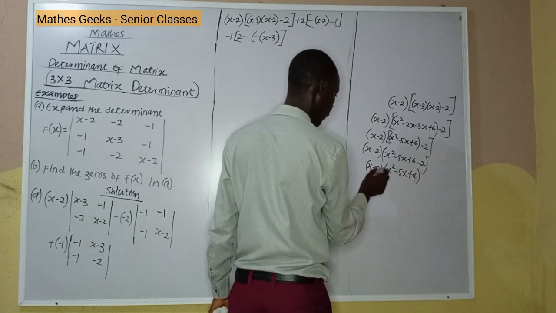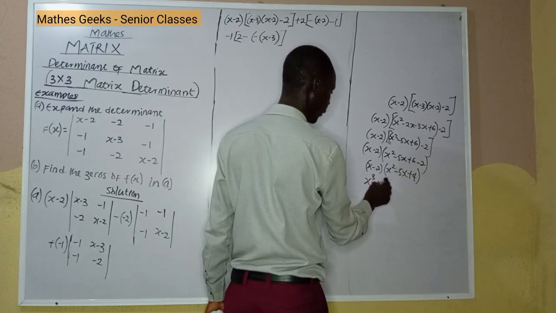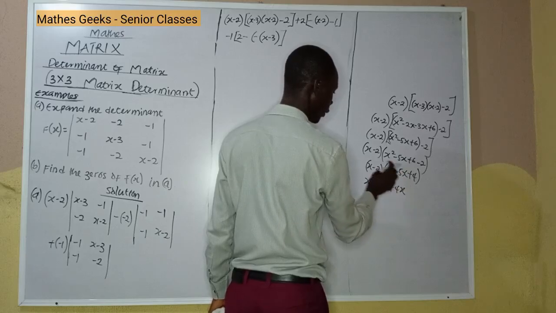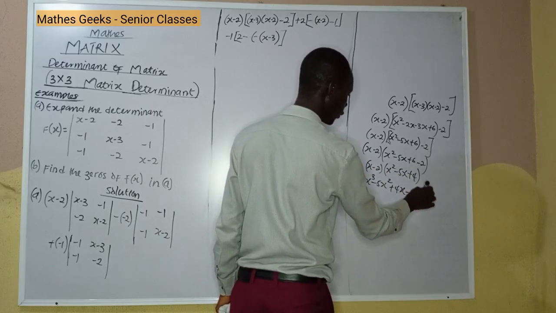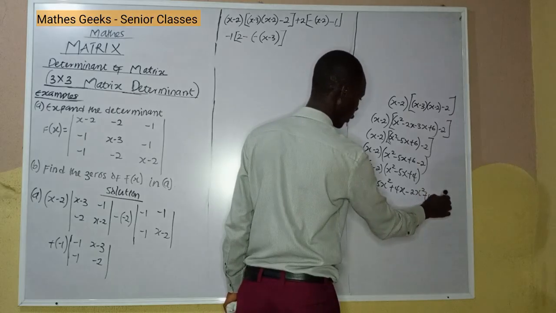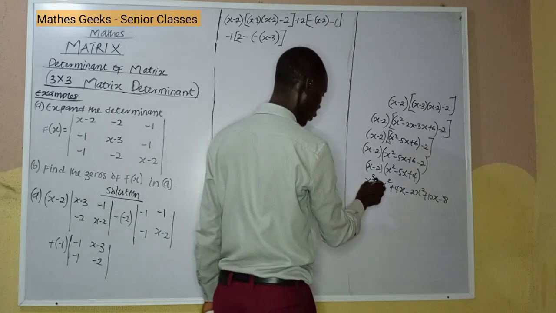So we expand: x times x squared is x to the power 3, x times minus 5x is minus 5x squared, x times plus 4 is plus 4x. Minus 2 times x is minus 2x squared, minus 2 times minus 5x is plus 10x, minus 2 times plus 4 is minus 8.